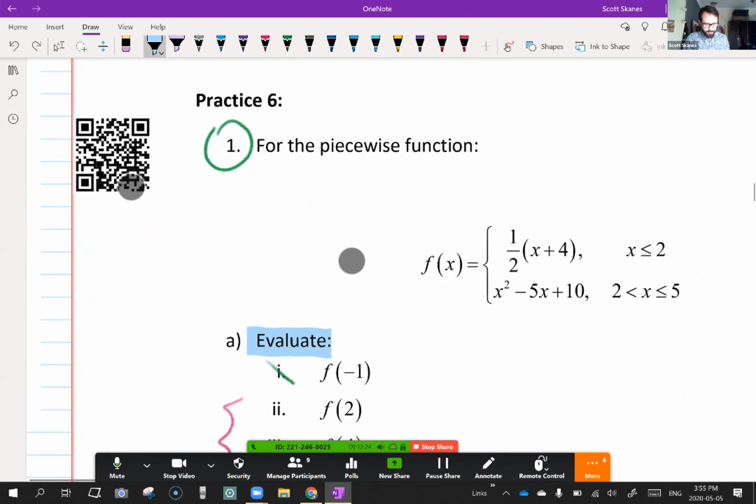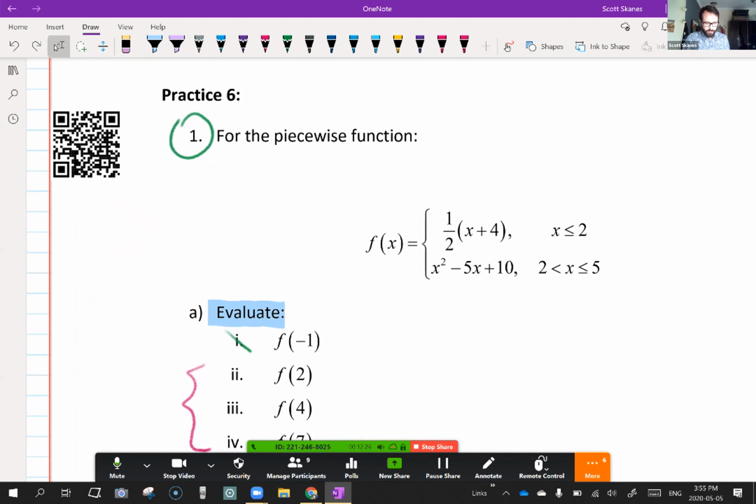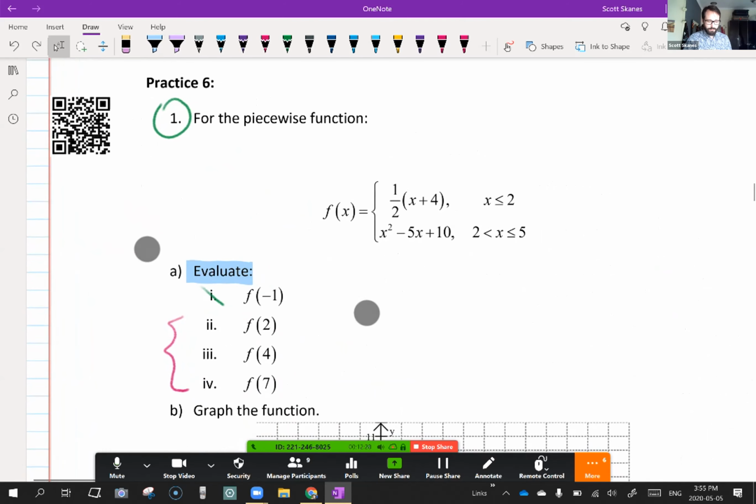So you can bring that up if you have time. But let's get to the point since I'm trying to make up for lost time. For this piecewise function, piecewise means two or more pieces together. I want you to evaluate what is the value of the function at the given point. So for example, let's call this function 1, and let's call this function 2.